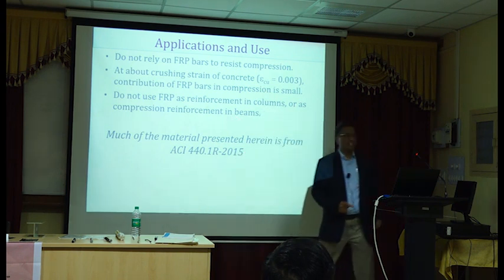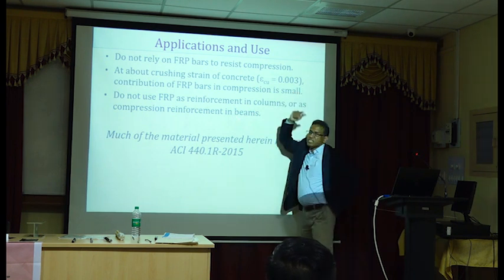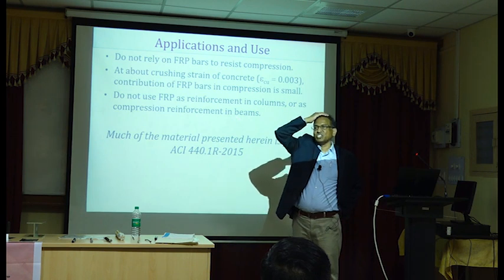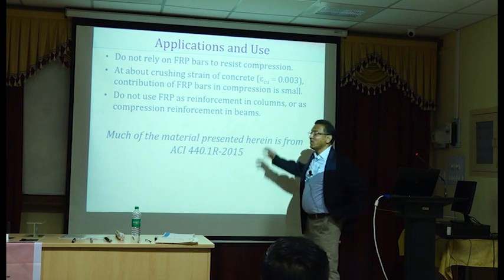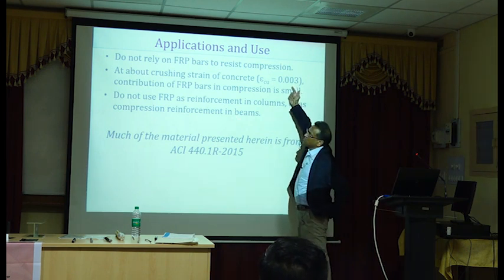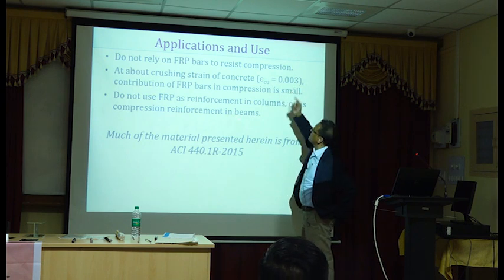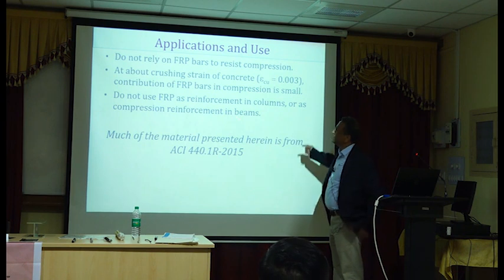Okay, so that's something to remember. Now, the failure strain of concrete in IS 456 is how much? 0.0035, right? Whereas ACI uses 0.003. Not that it makes a big difference, it won't, but there is a difference. You have to know that in the derivations.